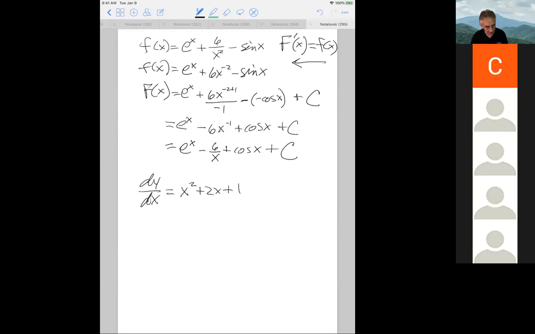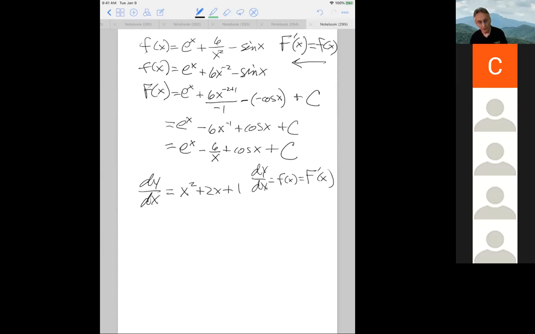And again, the same thing is true. This fits lowercase f. That's another way of saying dy dx. That could also be recognized as lowercase f. That could also be recognized as capital F prime of x. So all of those are saying the same thing, all right?